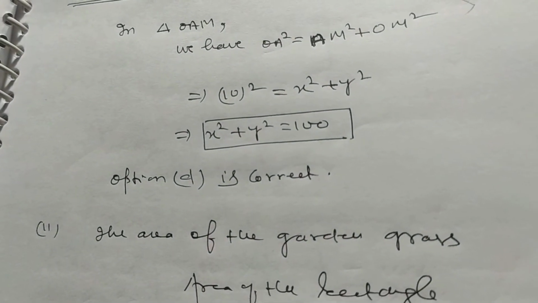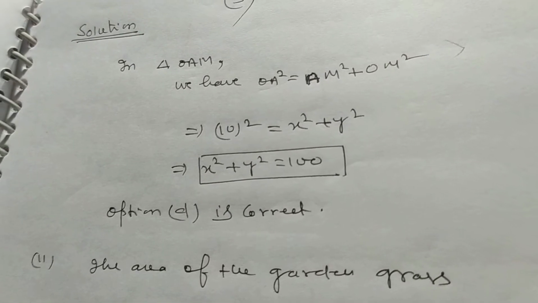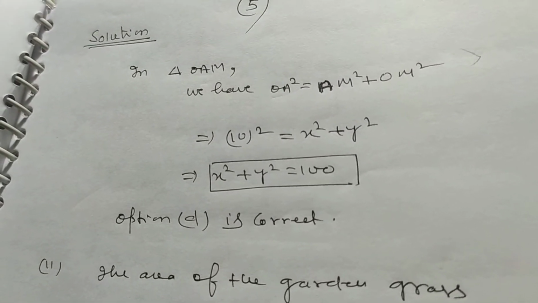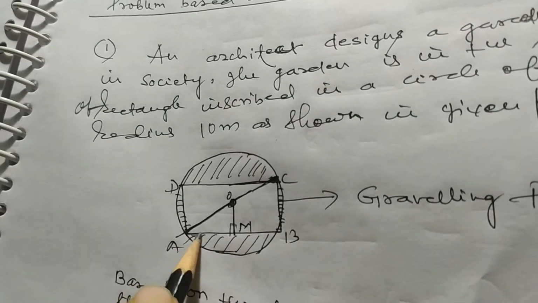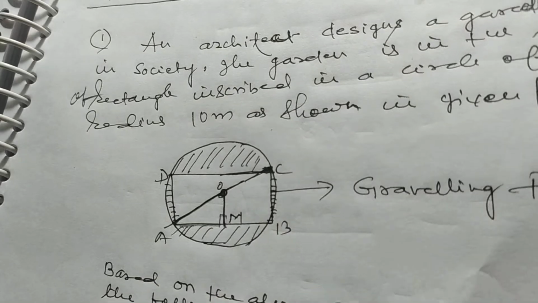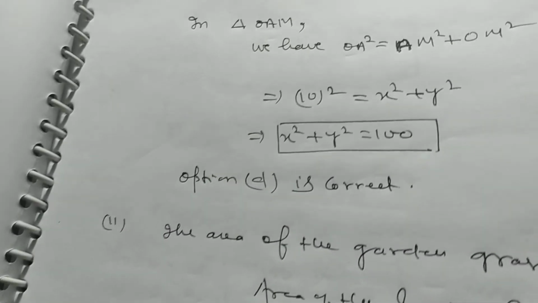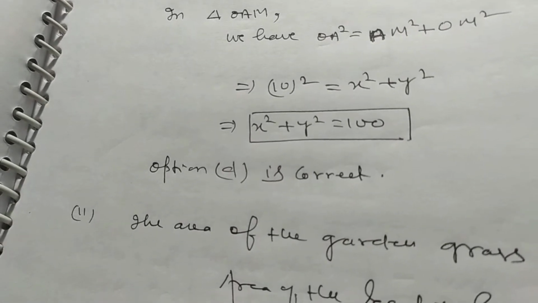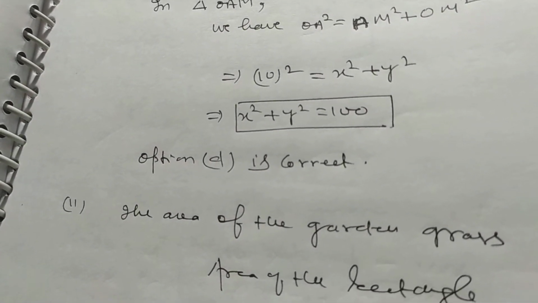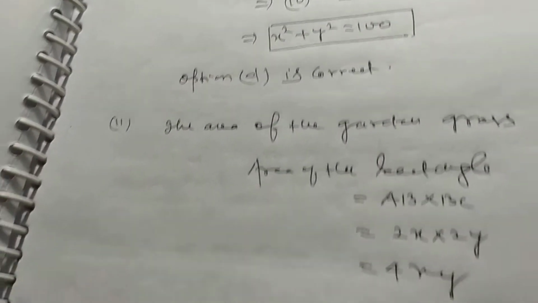In triangle OMA, OA square is equal to AM square plus OM square. So OA square, that is 10 square, is x square plus y square. This is x, and this is y. So x square plus y square is 100. So option D is correct.